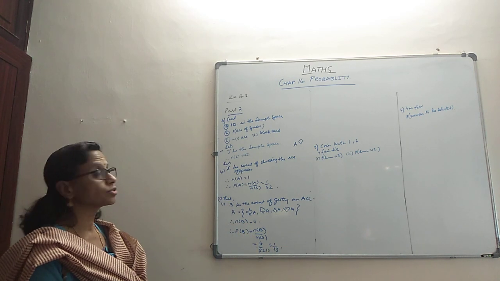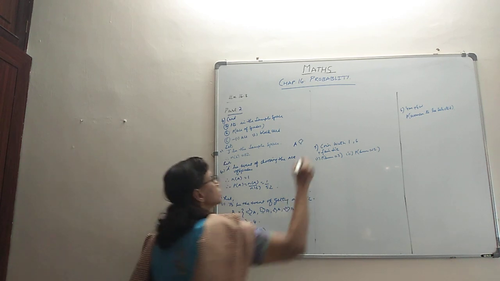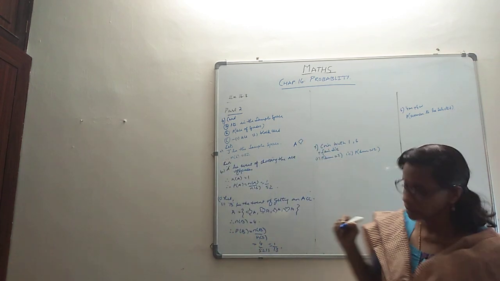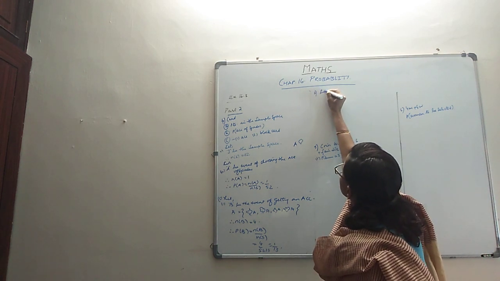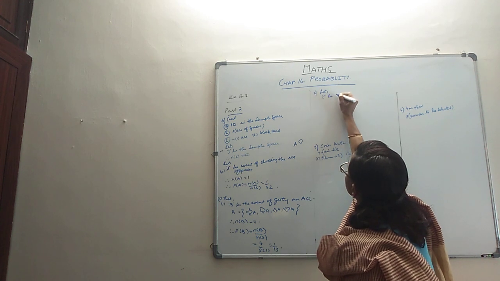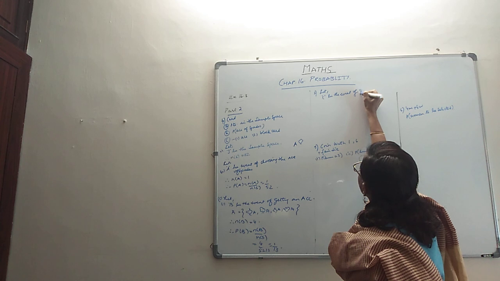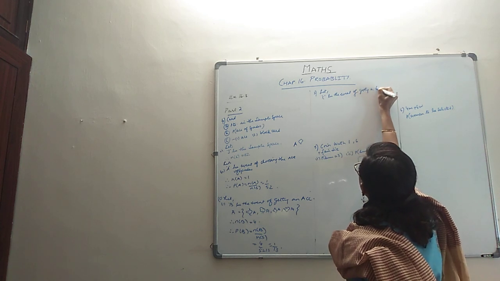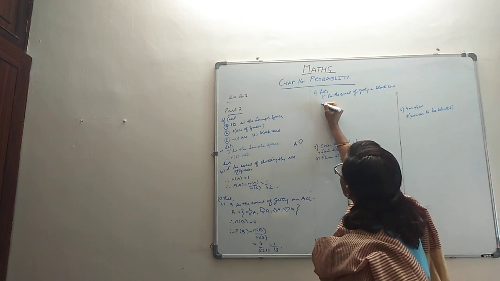Next question says that you should find the probability when you get a black card. So let C be the event of getting a black card, right? So what all can happen in C?